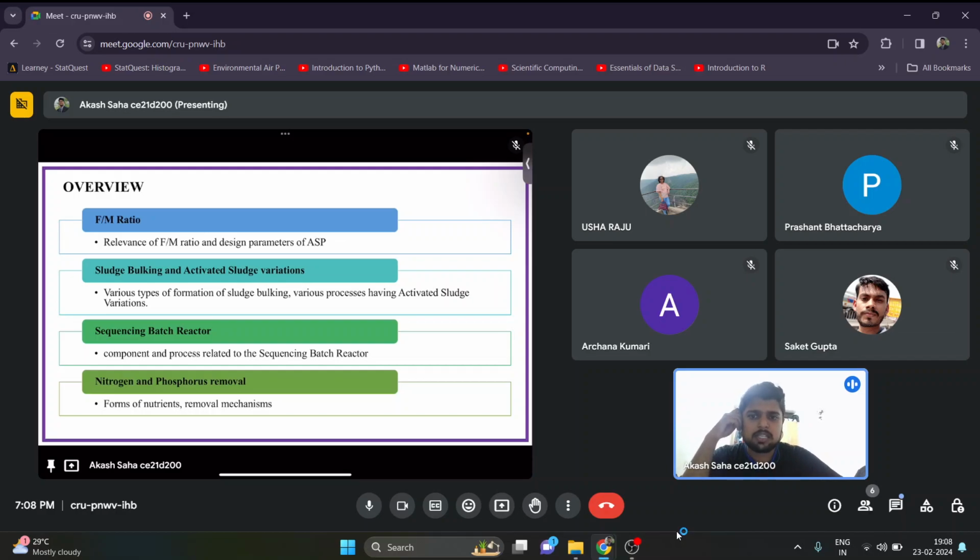All those things are important. So I will try to derive all the relations related to the activated sludge process, and then we will see all the questions related to it. It will be easier for you to solve them also.